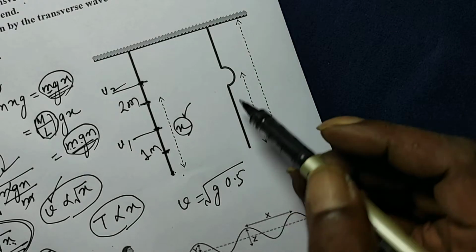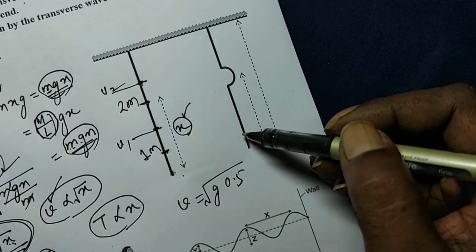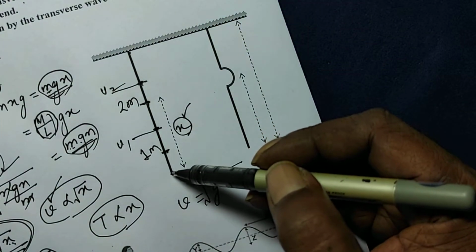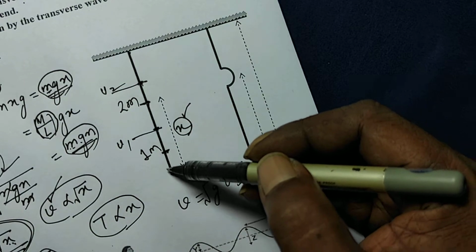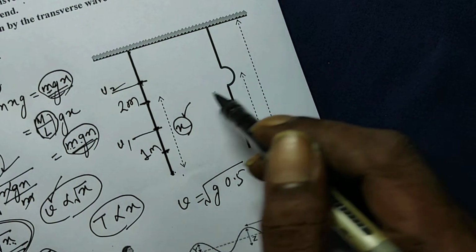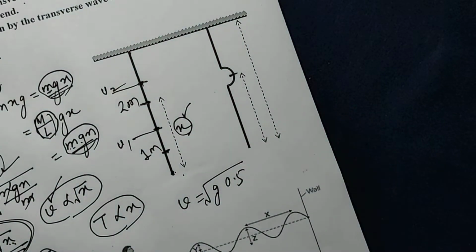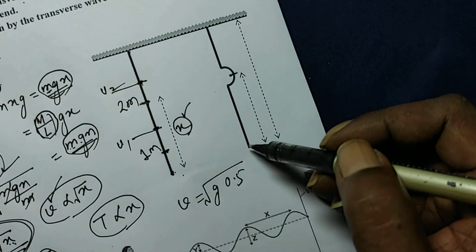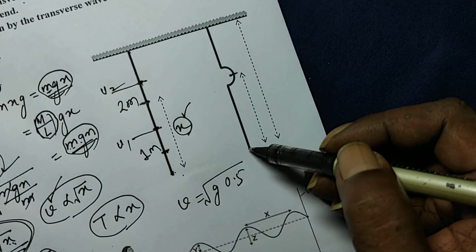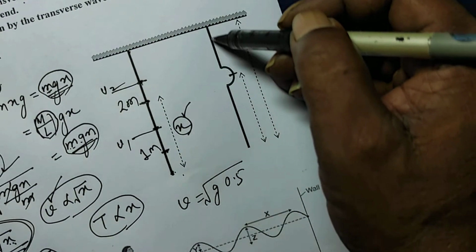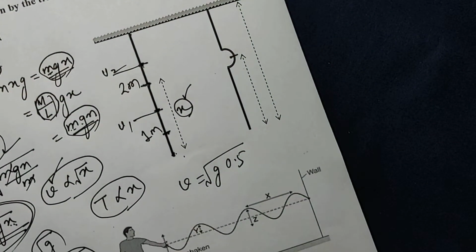Why have I drawn this diagram here? This was the diagram before the wave was generated. This point is the same as this point. This is the diagram when the wave is generated and it is moving towards the upper end, right?